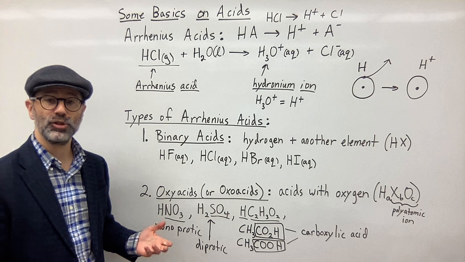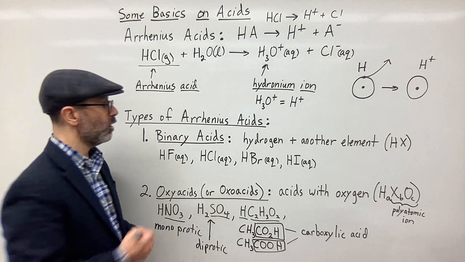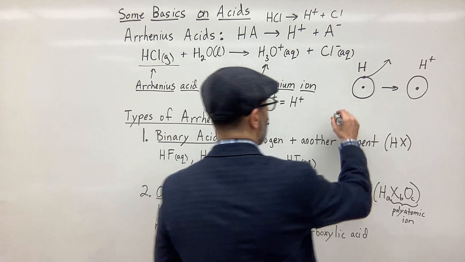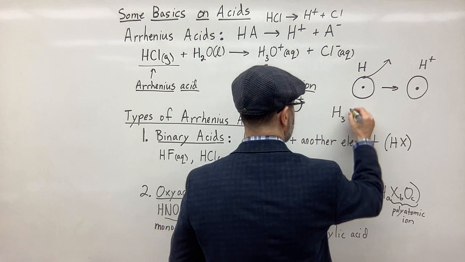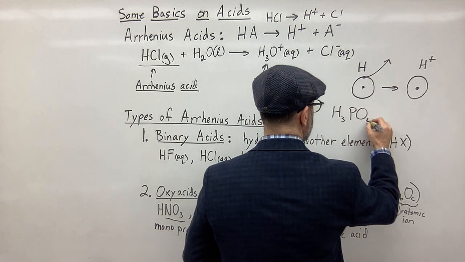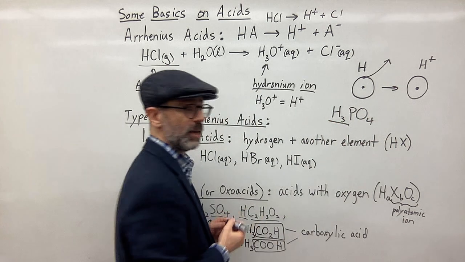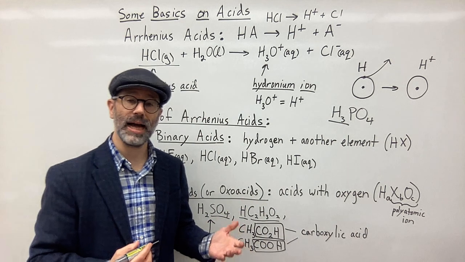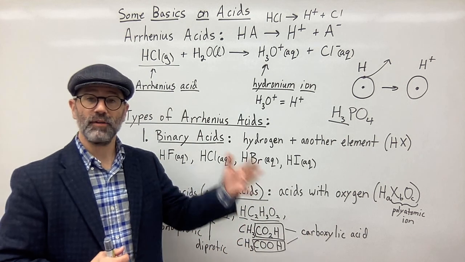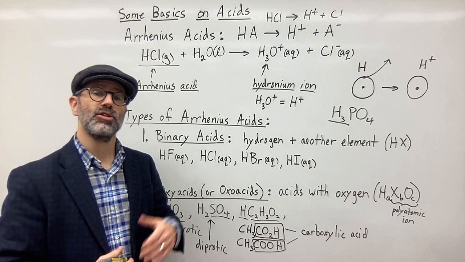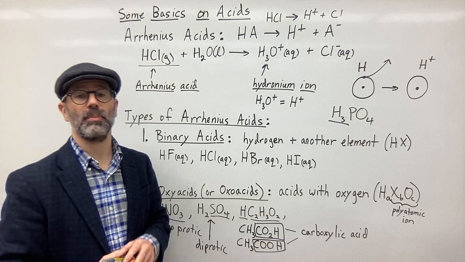And then you could have triprotic acids as well, right? For example, you've got H3PO4. So there are 3 protons there, 3 hydrogens. You can give off 3 H pluses. So this is a triprotic acid.